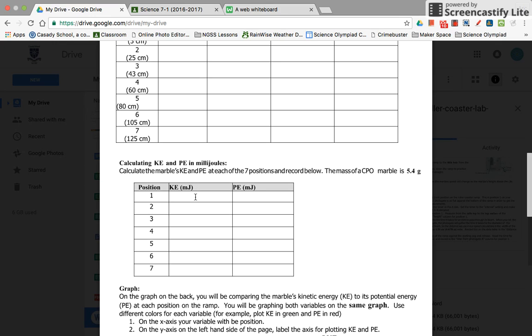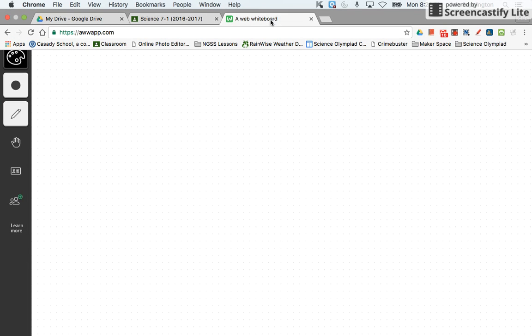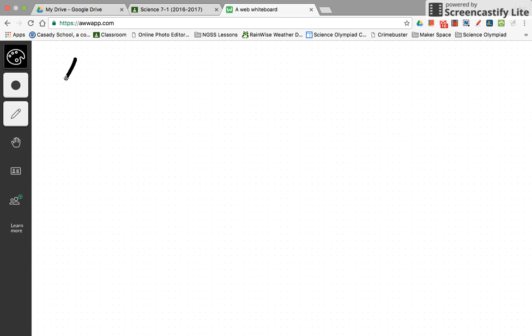So what we need to do is calculate the kinetic energy. Let's go to the equation first. Kinetic energy equals 1/2 mass times velocity squared. Our 1/2 in decimal form is 0.5.